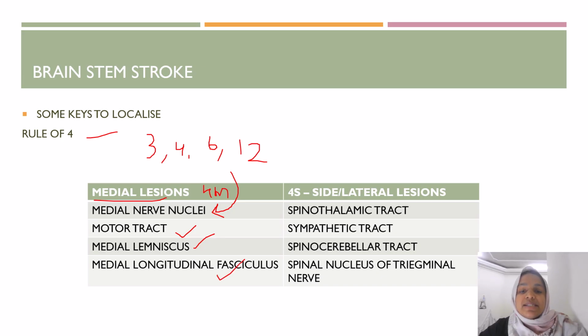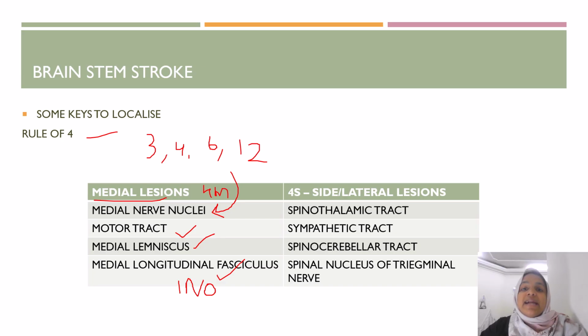Medial longitudinal fasciculus is concerned with conjugate gaze, and there is something called internuclear ophthalmoplegia, which is a manifestation of an MLF lesion. That means there is an ipsilateral adduction palsy with a contralateral nystagmus. That is the classical description of internuclear ophthalmoplegia. So if any of this happens, it indicates that it's a medial lesion. So the medial 4 cranial nerves, which are 3, 4, 6, 12, motor tract involvement, medial lemniscal involvement, and medial longitudinal fasciculus.